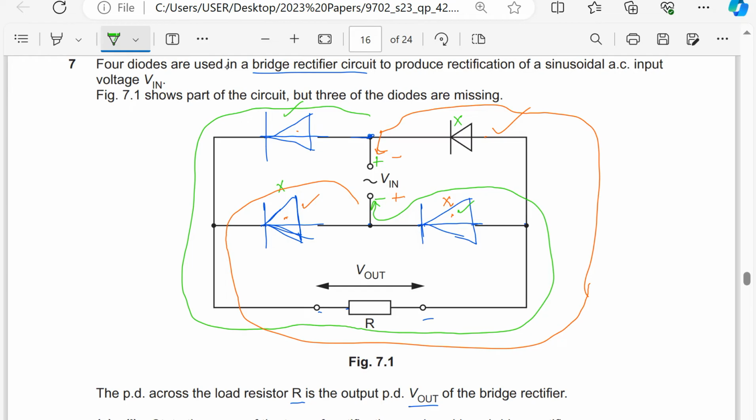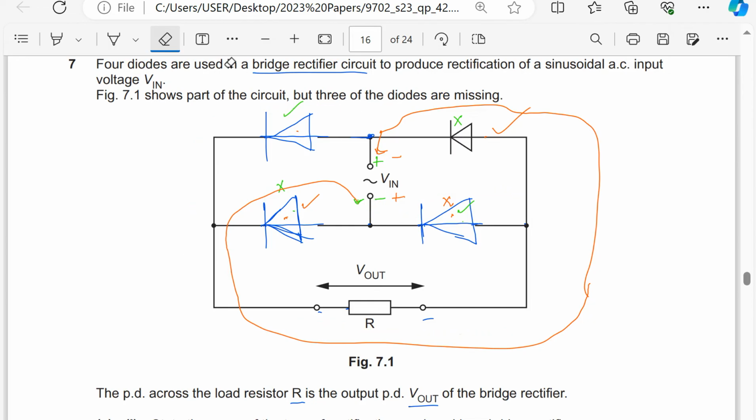For the first half cycle, this and this conducted. Second half cycle, this and this one conducted. Okay, so that is a correct analysis. So it means the diodes are now in the correct path, in the correct orientation. So I can now rub off the outer sketches.